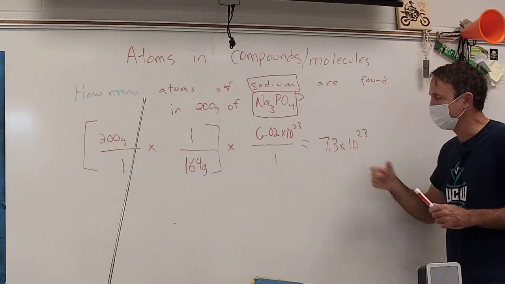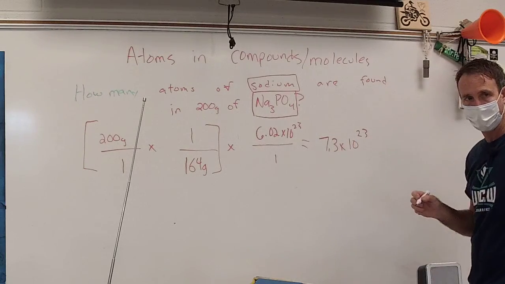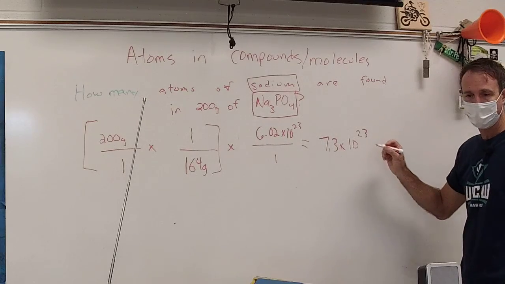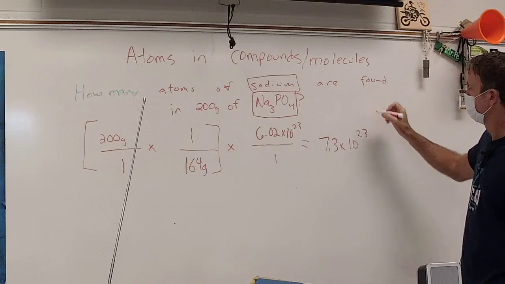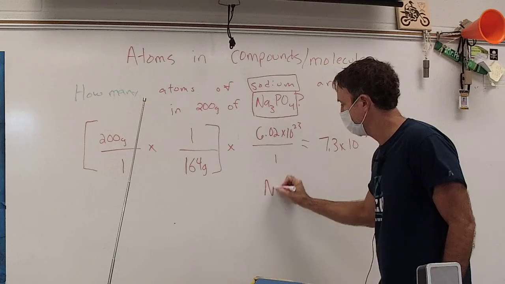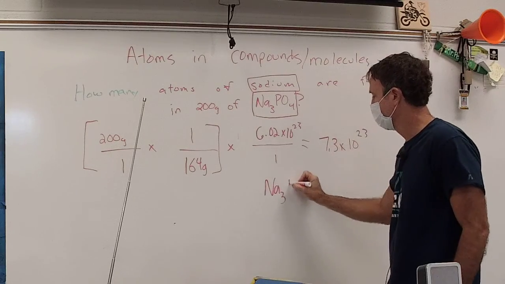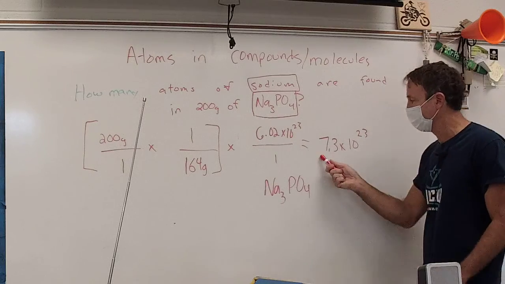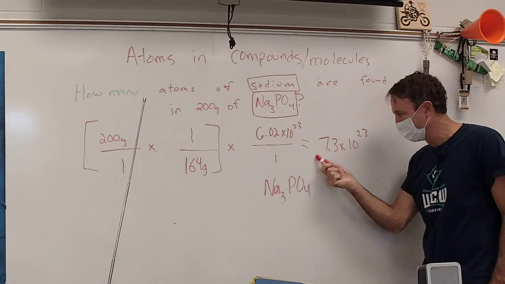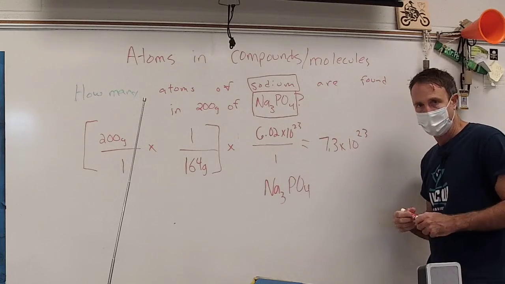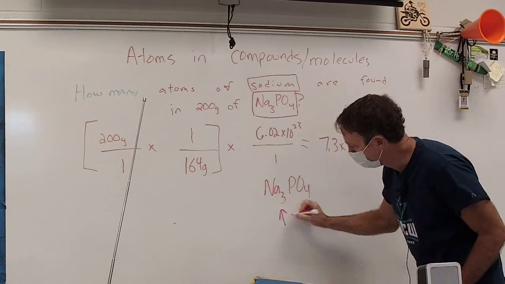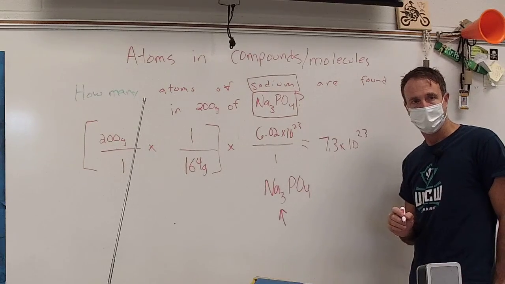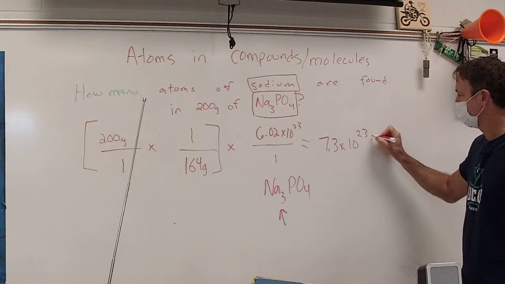So we have this many sodium phosphates. Well, let's look at a sodium phosphate molecule right here: Na3PO4. On every one of these molecules, there are 3 sodiums. So it's this answer times 3.